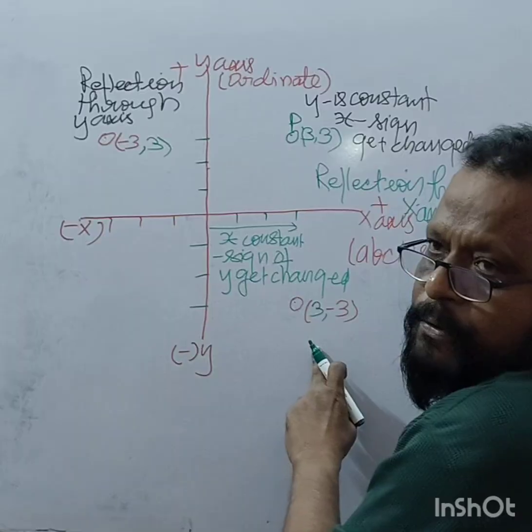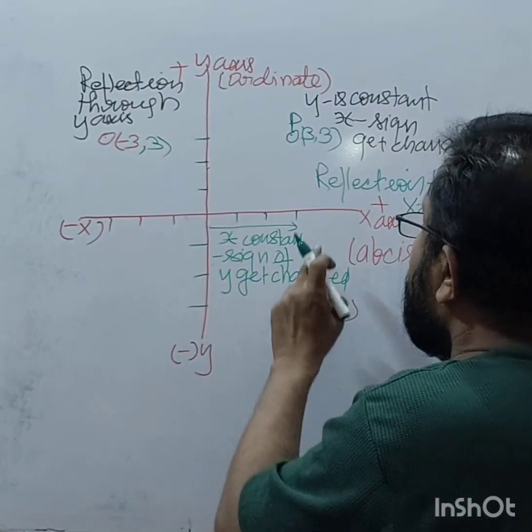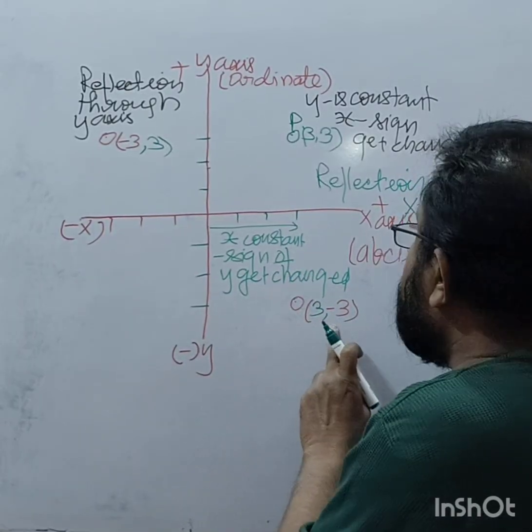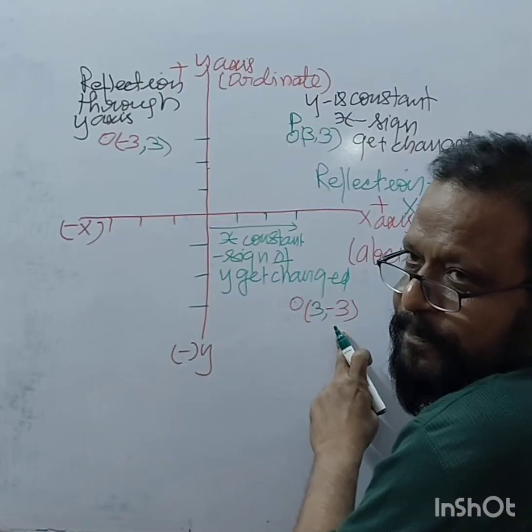When reflection is through the x-axis, then x is constant and the sign of y gets changed, right?